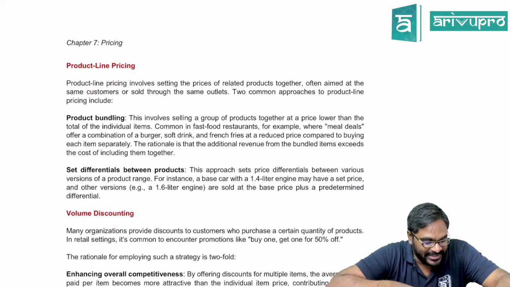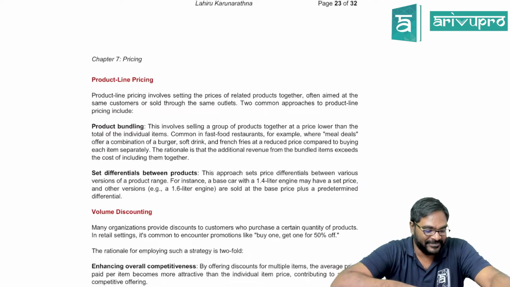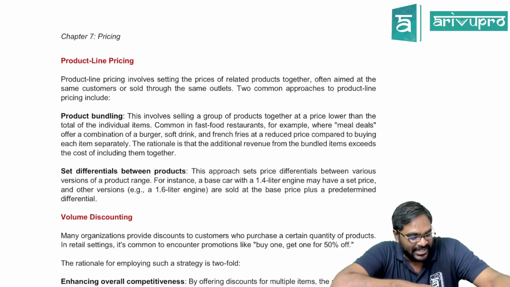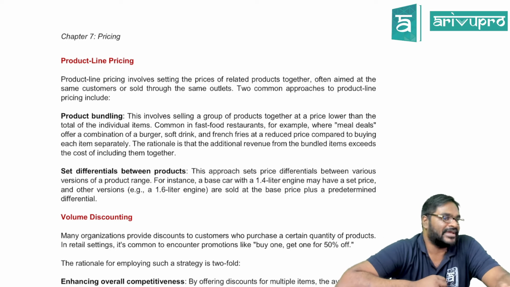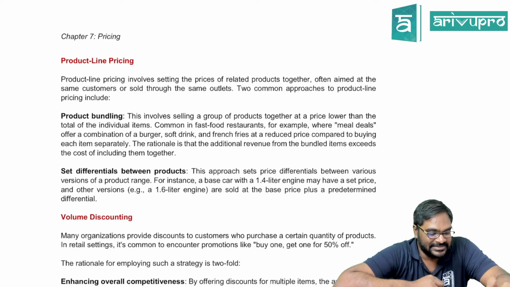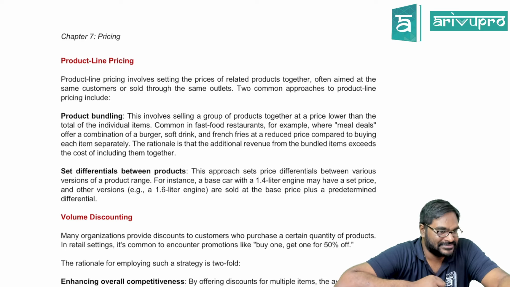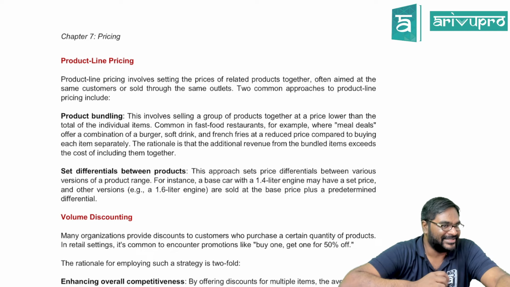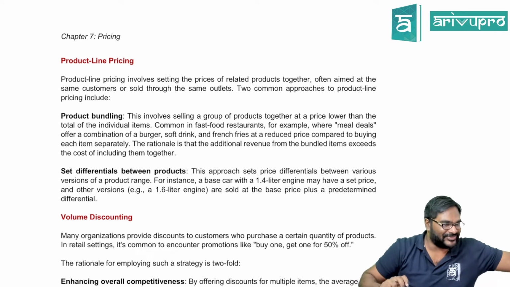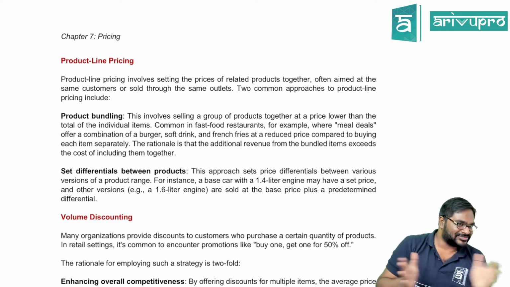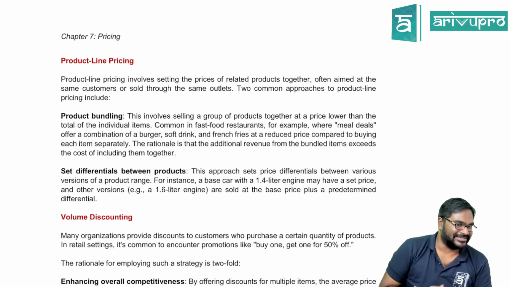Next one, product line pricing. That means this is where you are trying to sell more than one product at a time. For example, bundling. Since you guys suggested, I tried browsing through Swiggy and all. So there were so many options where products are bundled together.